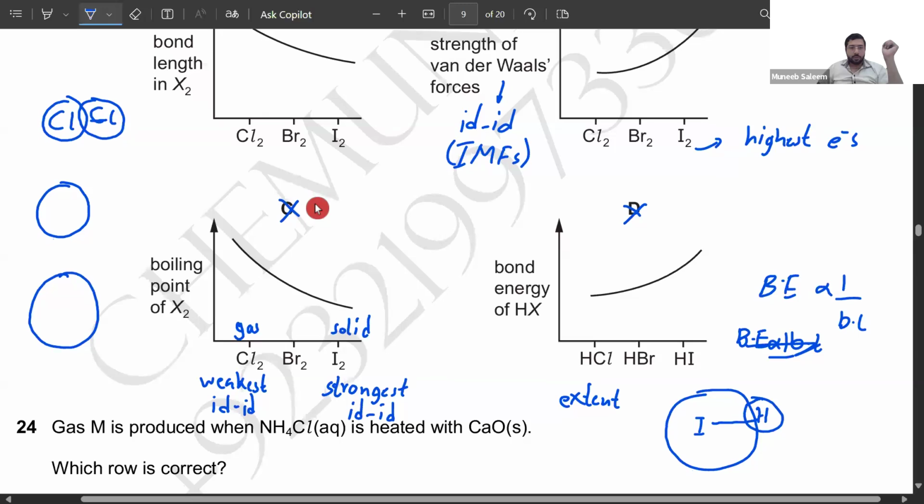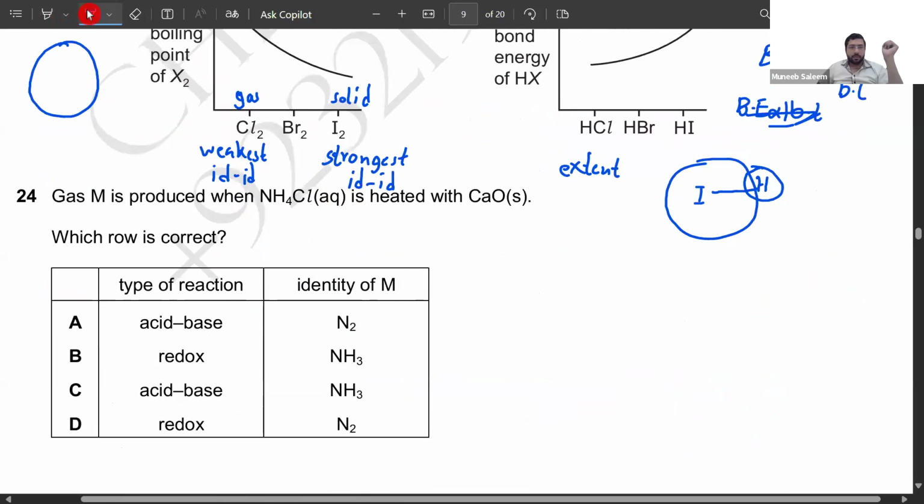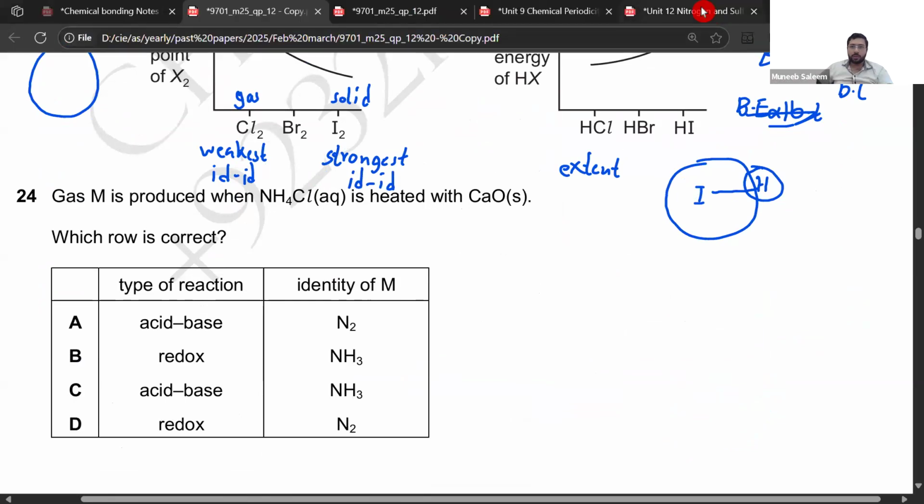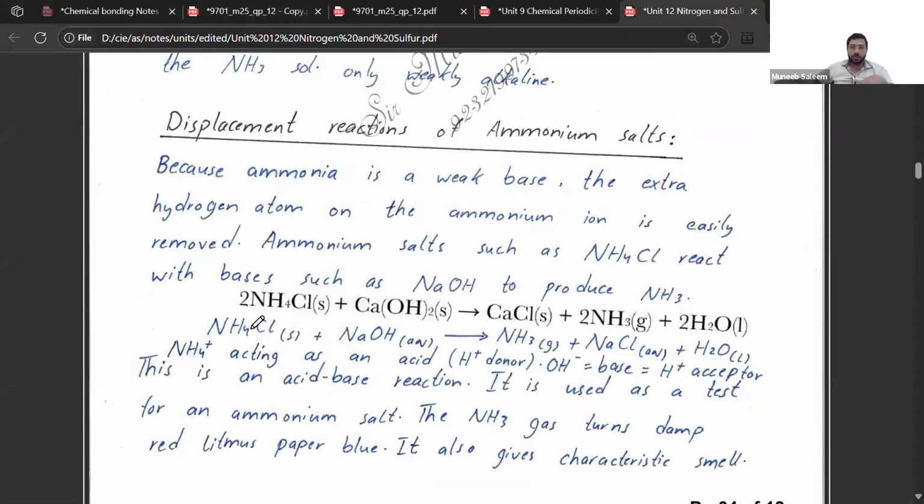Now the next question, number 24. Gas M is produced when ammonium chloride is heated with calcium oxide. Which row is correct? Here we have to decide the type of the reaction and the identity of the product M, which is a gas. For this purpose, I will again show you my notes on which you can find all the answers.